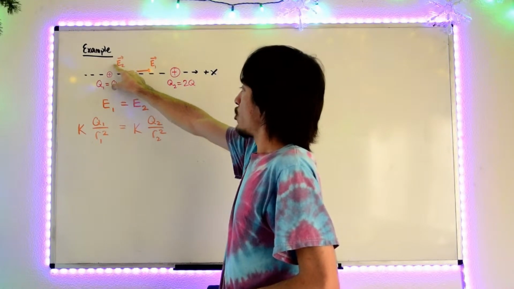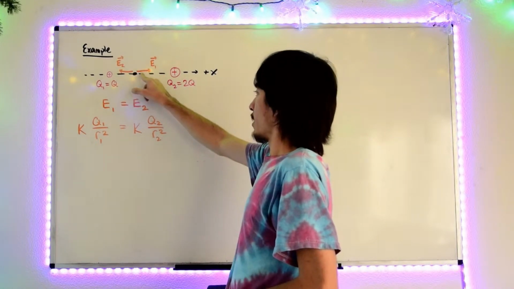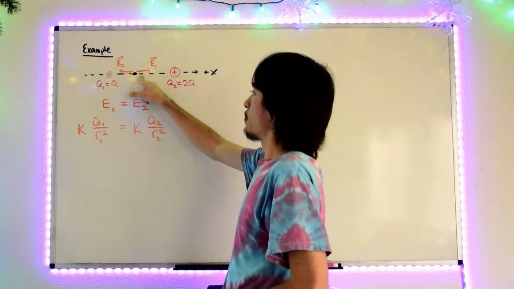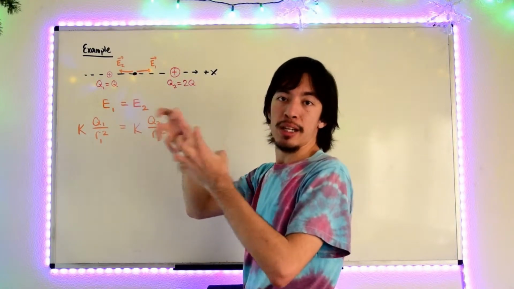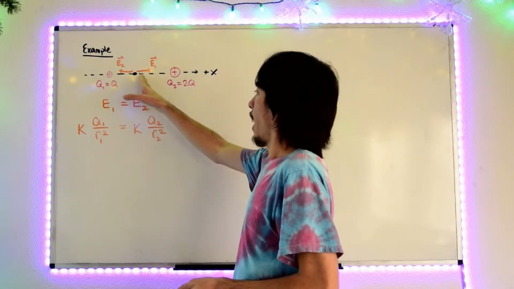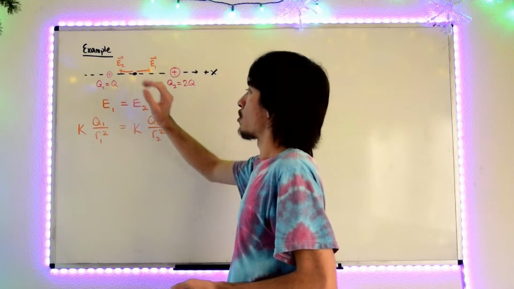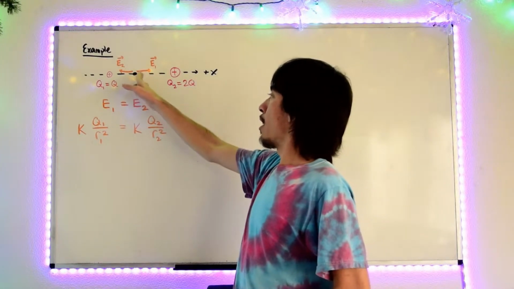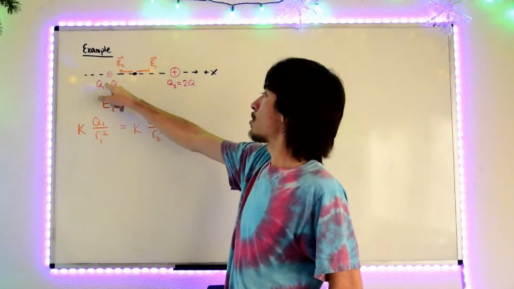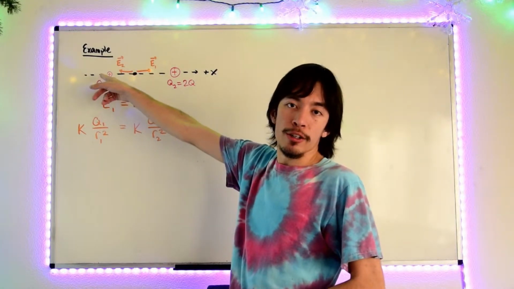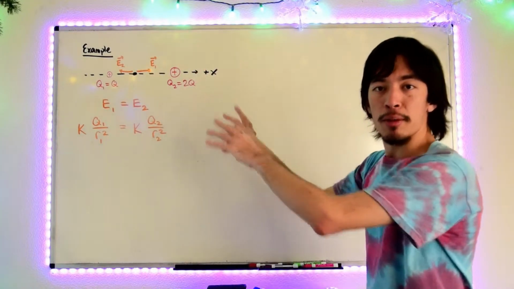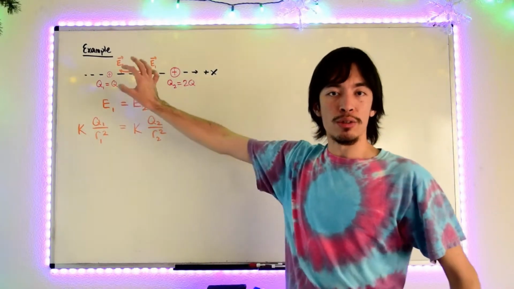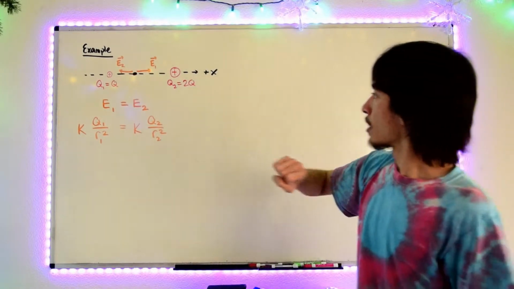So E2 would be larger than E1 directly halfway between the two. In order to make it not be the larger one, you would have to go further away from it to weaken its electric field. So we would expect that the balancing point between the two would be closer to the smaller charge. And in this kind of problem, the answer is always closer to that smaller charge.